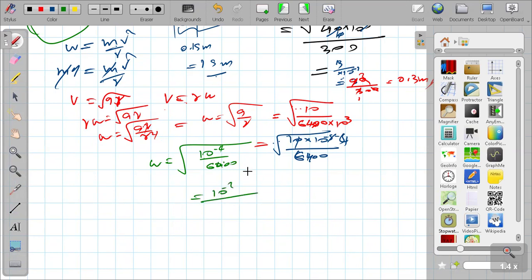Ten to the power minus 2 divided by 80. Hundred over 8 means it is like 12.5.